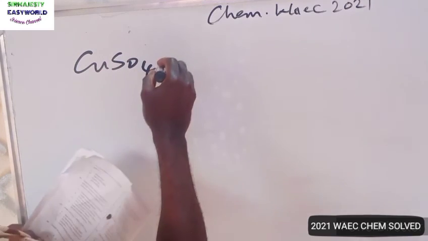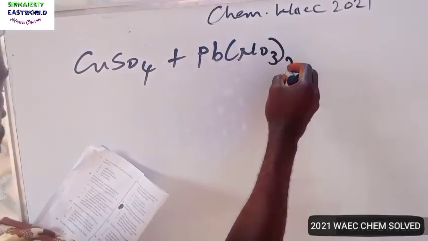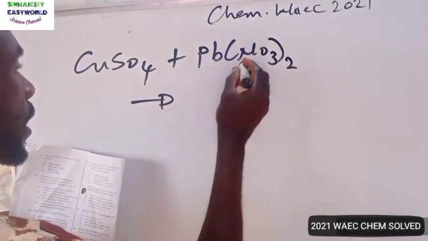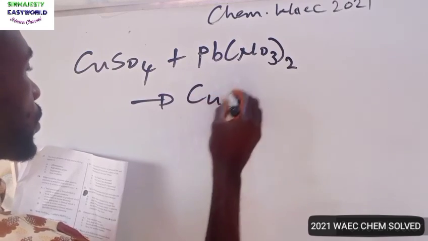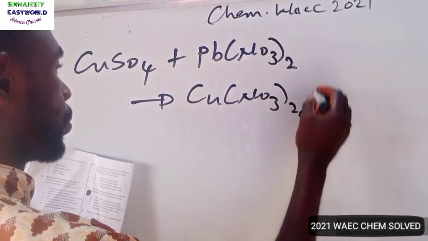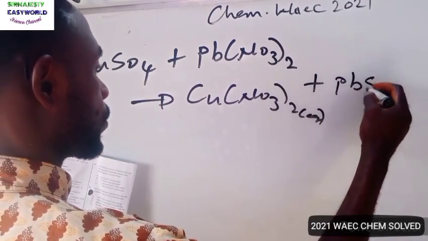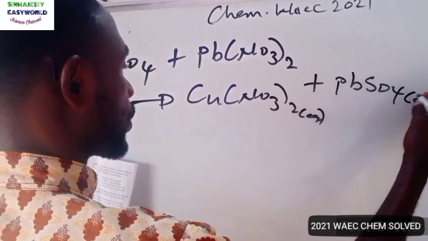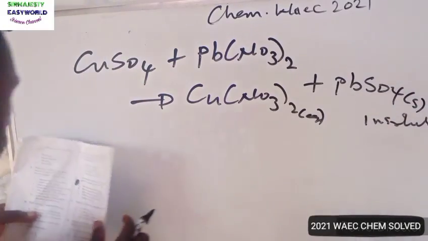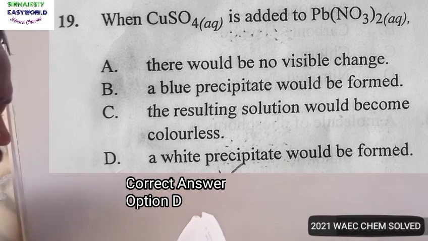So if you have copper 2 tetraoxosulfate 6 plus lead 2 trioxonitrate 5, of course there will be an exchange of radicals, meaning this NO3 comes to copper to give us Cu(NO3)2, which is aqueous and soluble, whereby the SO4 goes to the lead, giving you lead 2 tetraoxosulfate 6, which is insoluble. And lead 2 tetraoxosulfate 6 precipitate is white. The answer is D. White precipitate will be formed.